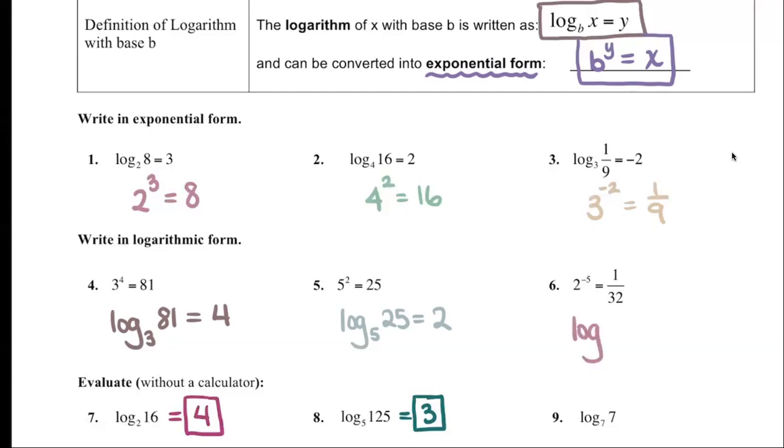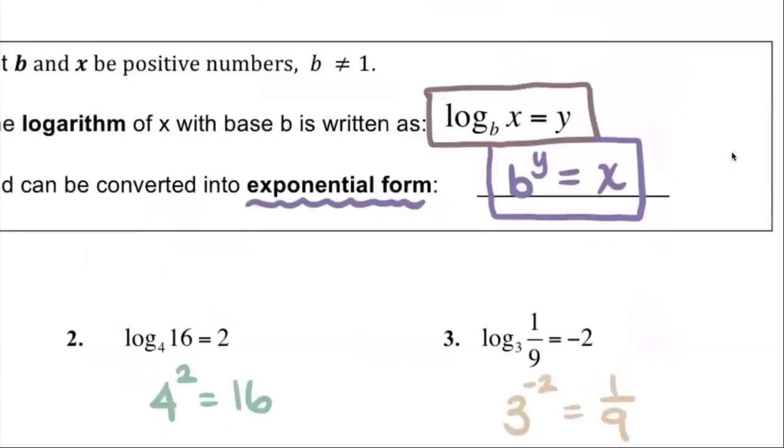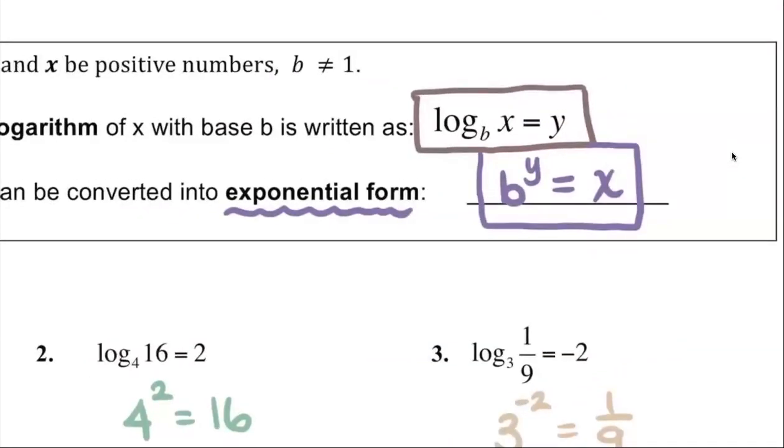Oh, you flipped some stuff around. So log, what's the base number? Oh, 1/32. So there's this base number. Is that -5? Look at the example up here. Oh, I was doing this wrong. Shoot.